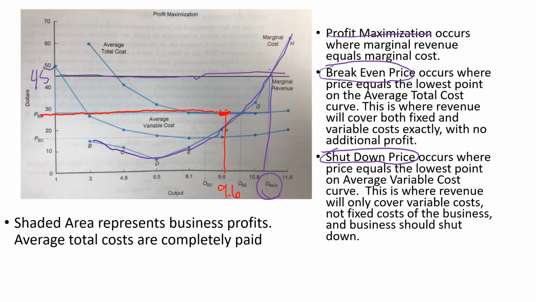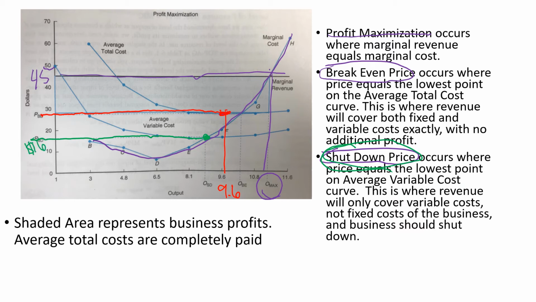So we would be making the same amount of money that it is costing us to produce, so there's no additional profit beyond that. The shutdown price occurs where the price equals the lowest point on the average variable cost curve. So the lowest point is about right here, and we follow that over. That's our shutdown point. So it looks like that's probably about $16 or $17.